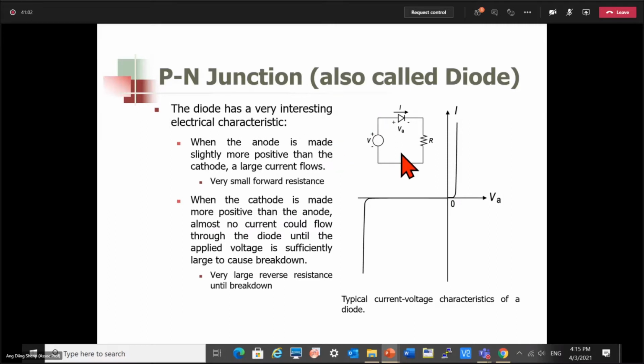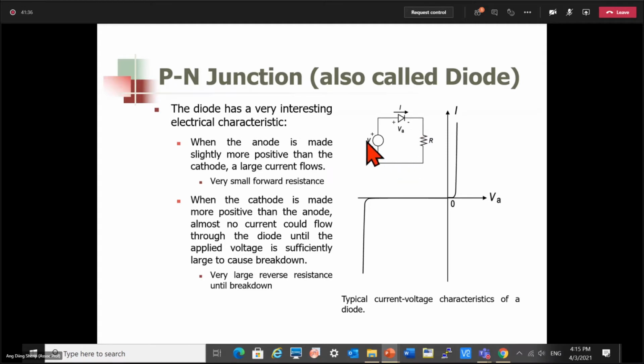It has a rather unique behavior shown here. If you plot I versus V, you will get a graph that looks like this. Now, the circuit symbol of a diode is made out of a rectangle with a line at the vertex of the rectangle here. One terminal is called the anode, and the other terminal, where the vertical line is, is called the cathode. The anode is the positive terminal and the cathode is the negative terminal.